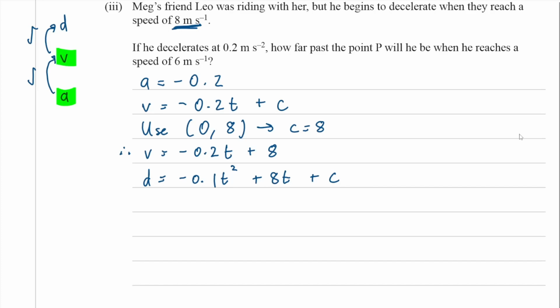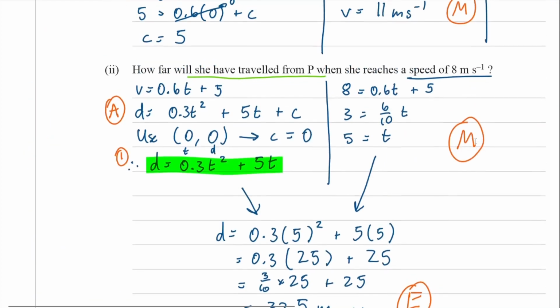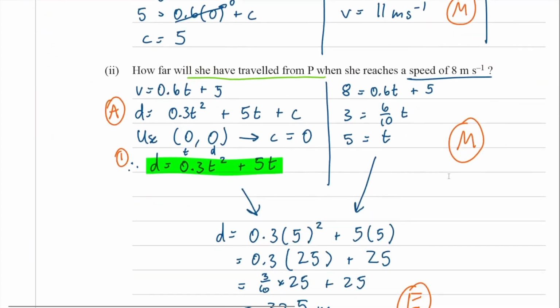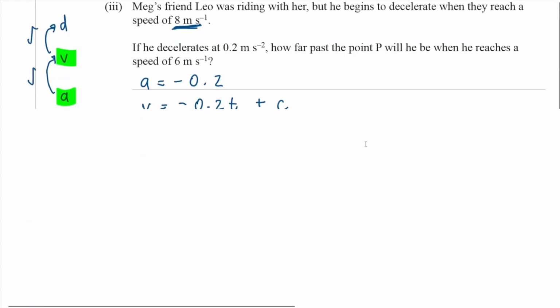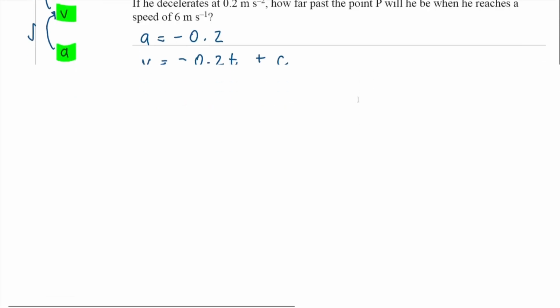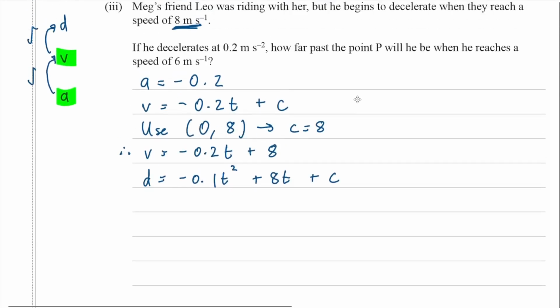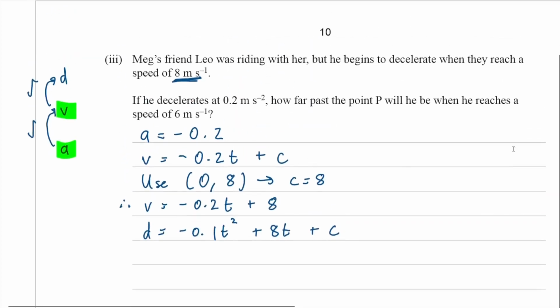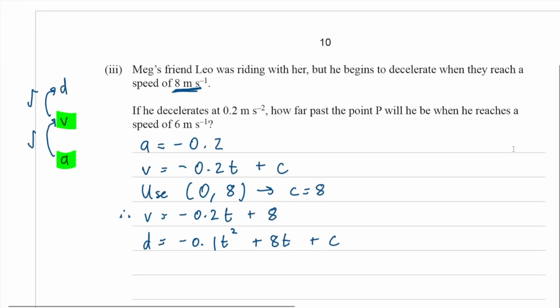Now, what point will we substitute in here to find c? So it's actually similar to the first problem, or excuse me, the second problem, where we substituted in 0, 0. So from Leo's perspective, we made this new point Q, and initially he is 0 meters from it at time 0.